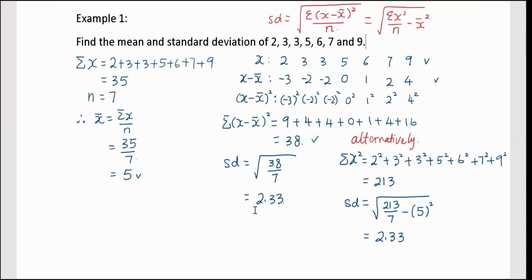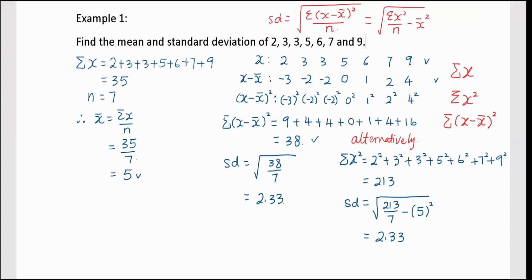In exam questions, when you are given the information, most likely you will be given sigma x and sigma x squared. Sometimes you will be given other information. Then you will choose the formula accordingly to find the standard deviation.